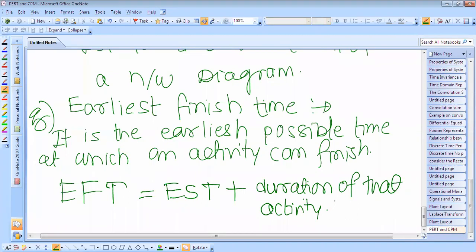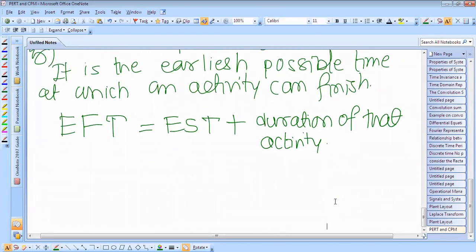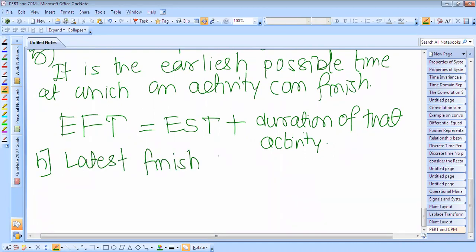And next is the latest finish time. It is calculated by moving backwards, that is from the last event to the first event of the network diagram.